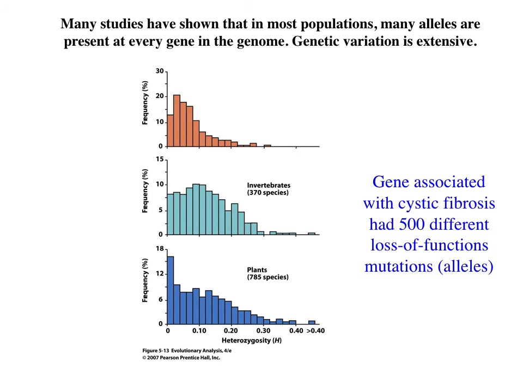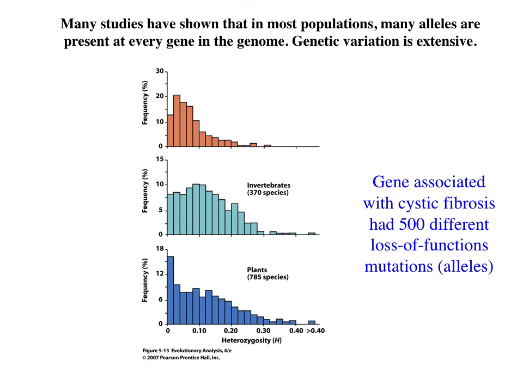When we have actual studies that go out there and measure the genetic variation, initially we thought that we probably wouldn't find a lot of genetic variation, but when we actually went out there and measured it, we found that in most populations lots of alleles are usually present at every gene in the genome. This is a figure taken from the book.